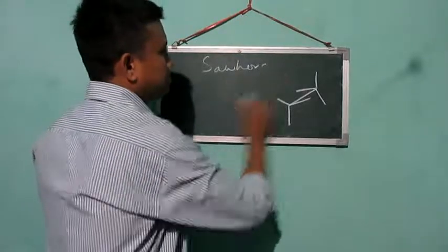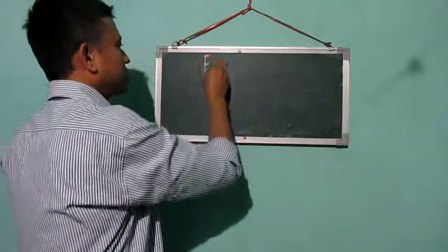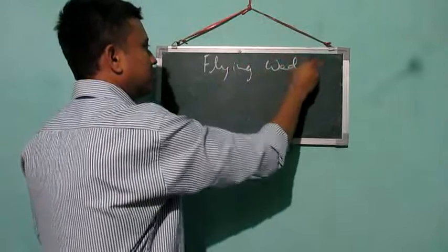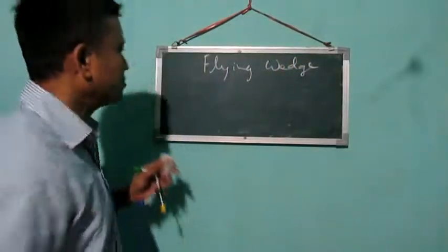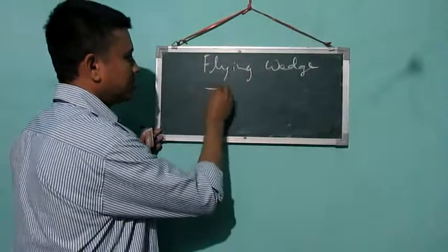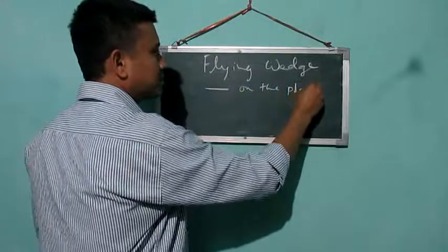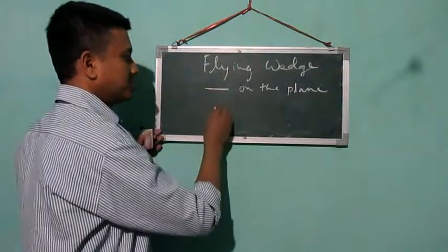Next one is called flying wedge structure. In this case, we have to learn three types of bond representation. This bond is called on the plane. That means I am writing on this board, here this bond is present.